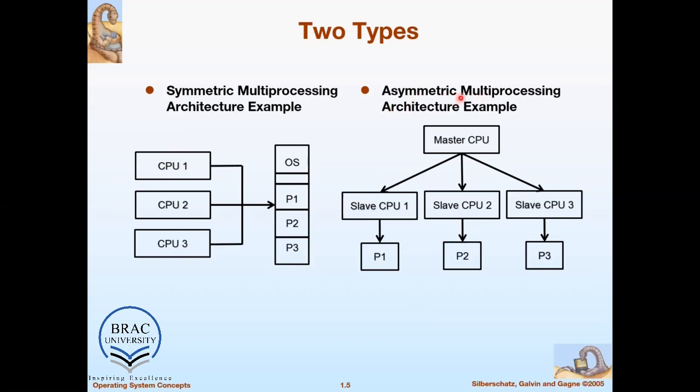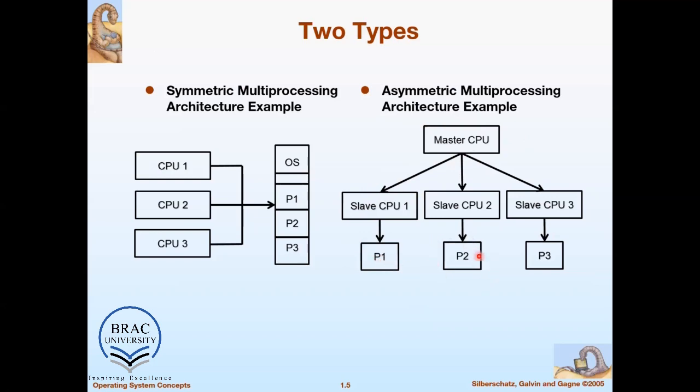Now in asymmetric multiprocessing architecture, a master-slave relationship is present. The master processor controls the system and the other processors look to the master for instructions. The master processor guides or monitors the slave processors, and the slaves take care of particular tasks or processes.